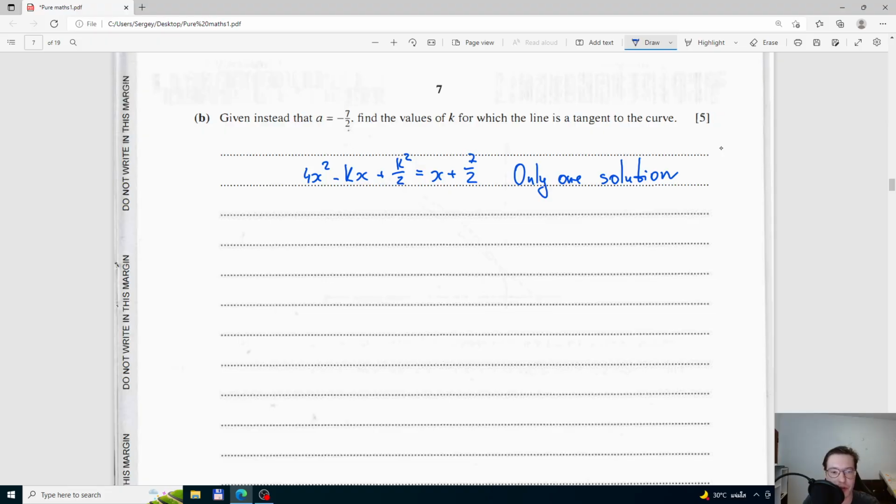But before we do that, let us simplify the equation a little bit. Multiply both sides by 2 to get 8x squared minus 2kx plus k squared equals 2x plus 7. And now let's collect all the terms on the left side. I will factorize the terms with x.